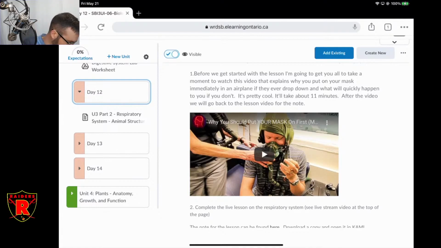But if you are in an environment where there is no oxygen, like the vacuum of space, or let's say you're in an aircraft that's flying fairly high, like normal aircraft fly around 35,000 feet, flight level 350, there is very little oxygen.